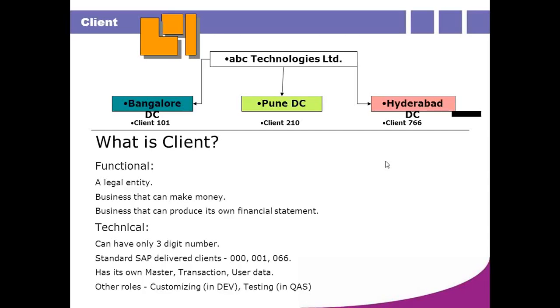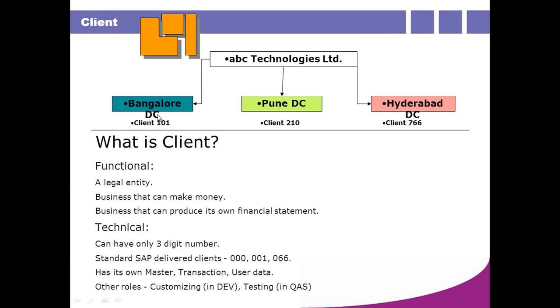Yes, this is possible through the client mechanism in SAP. That's why technically it is a data separator. Even though everything is in the single database, my other client cannot see or modify someone else's data, unless he has access to the other client.